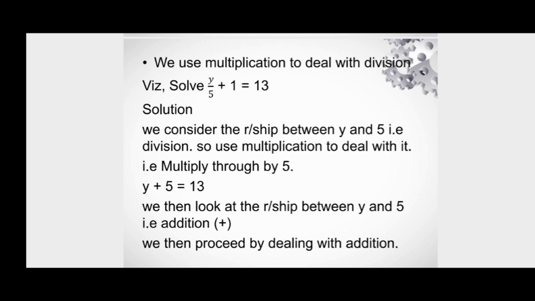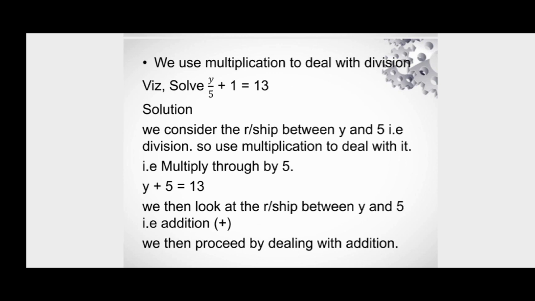Then we use multiplication to deal with division. Example: solve y over 5 plus 1 is equal to 13. You consider the relationship between the unknown variable, which is y, and the known numbers, which are 5, 1, and 13.